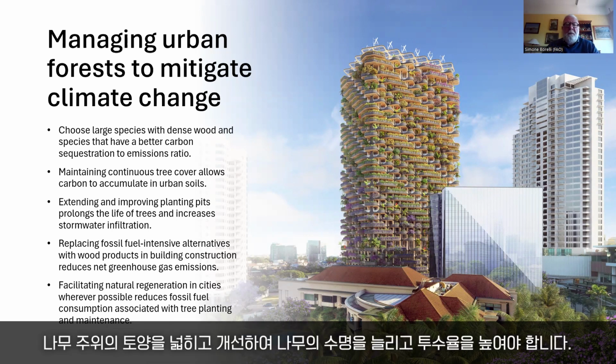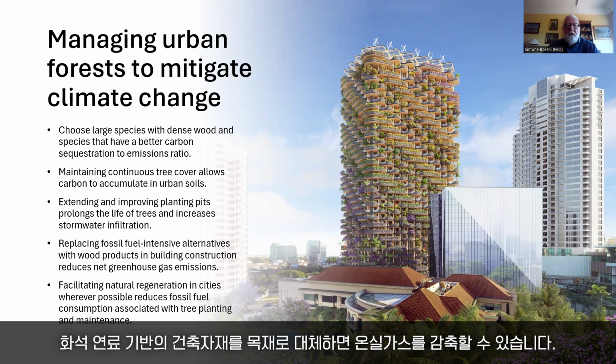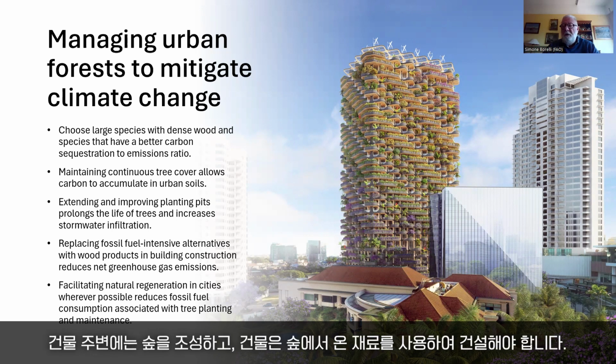Extending and improving plant pits prolongs the life of trees and increases stormwater infiltration. So make sure that trees have enough space to perform all their functions. Of course, replacing fossil fuel-intensive alternatives with wood products in building construction reduces net greenhouse gas emissions. So not only the forest around the buildings, but also the buildings made from material from the forest.